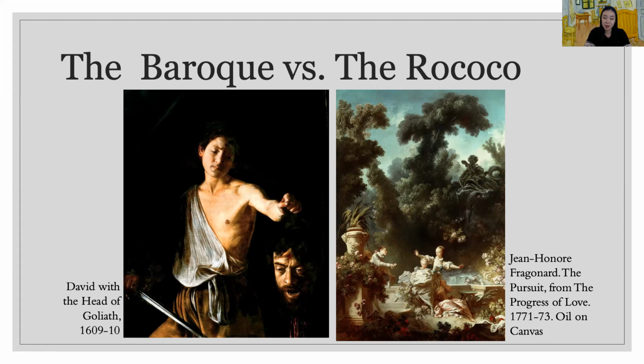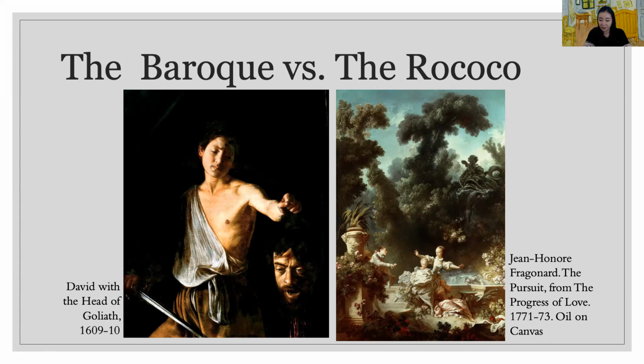Most of the Baroque art described biblical episodes, like Caravaggio's painting. He described this David story. And as you can see, it looks very serious, very heavy and dark.